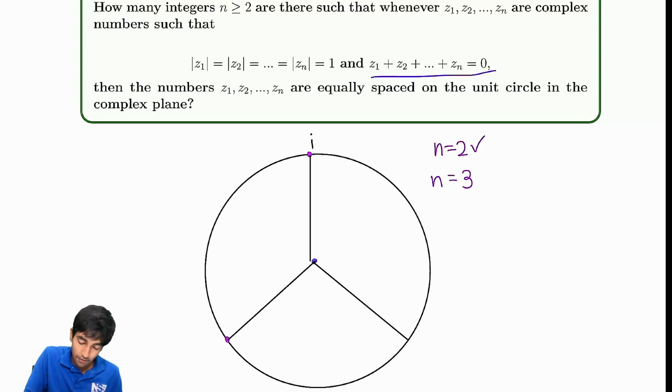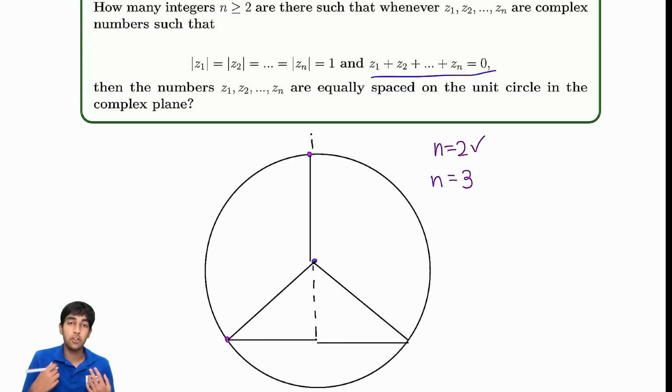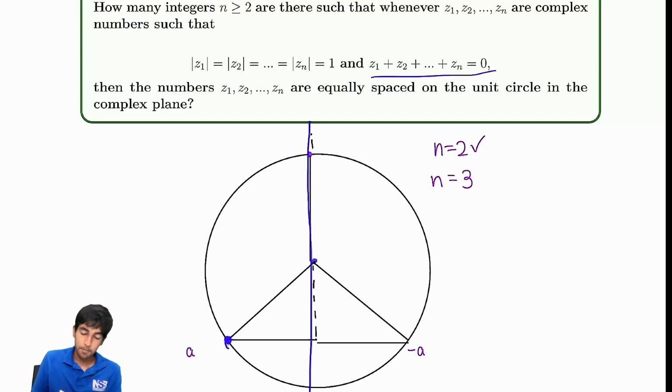First of all, their real parts must be equal and opposite of each other, because this complex number has no real part. So if this one has a real part of a, this must have a real part of negative a. And if their real parts are equal and opposite, then they're symmetric about this line.